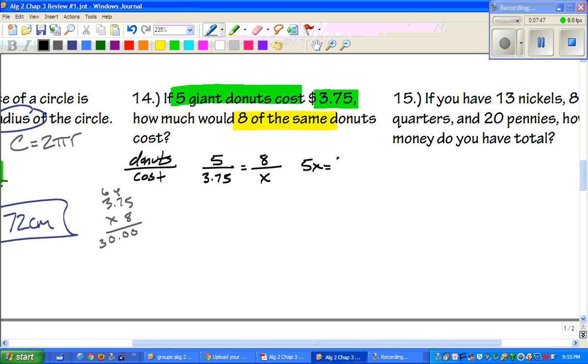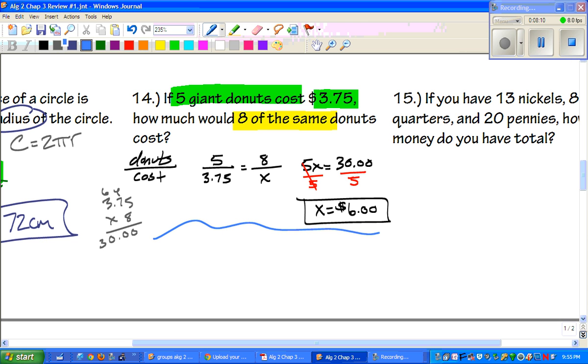So 5x equals 30. 8 donuts do not cost $30. That's insane. So you have to solve for x, divide by 5, and you get x equals $6. That's method 1. The other way you could do this is find the unit price.